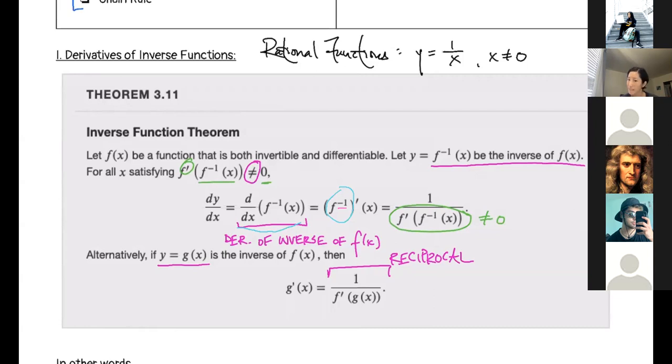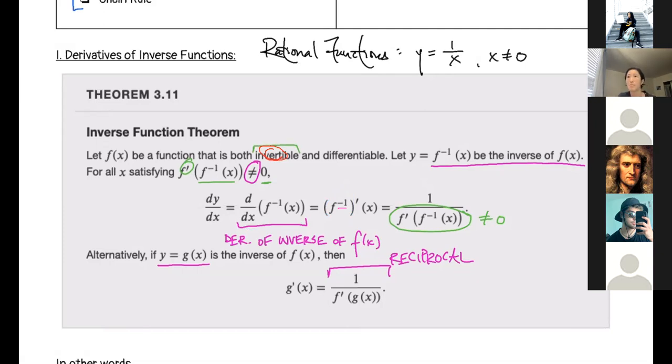Okay. Let's take maybe 1 or 2 more things that we're like, I'm not really sure what this means. That word, invertible.